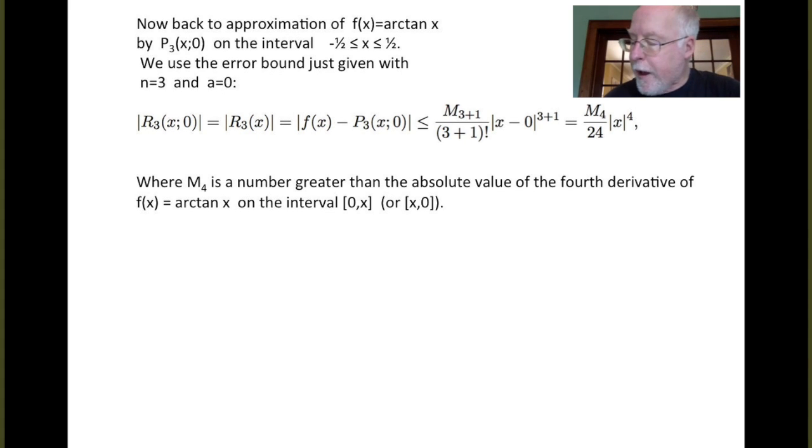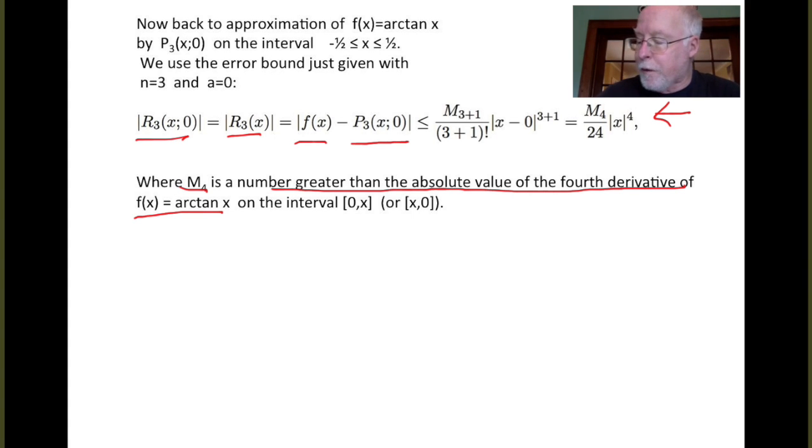If we're looking at how much f of x differs from its third Taylor polynomial, that is R_3, the third remainder, then according to the formula on the previous slide, because we're involved with P_3, we have M_{3+1} over 3+1 factorial times the absolute value of x minus 0 to the 3+1 power, or M_4 over 24 times the absolute value of x to the fourth. Again, M_4 is any number greater than the absolute value of the fourth derivative of the arctangent on whatever interval we're working on.